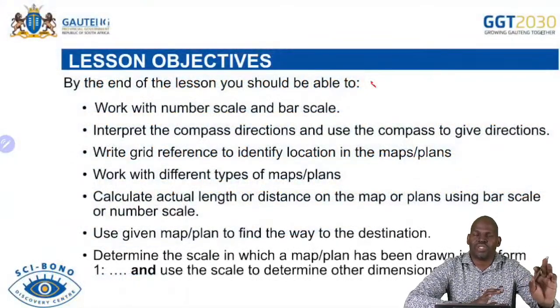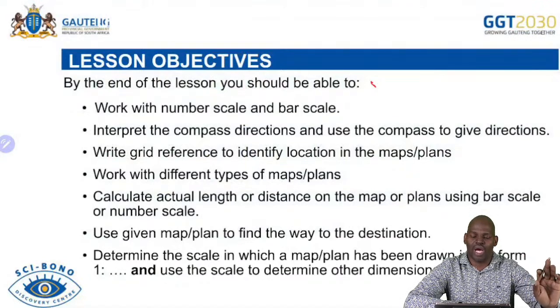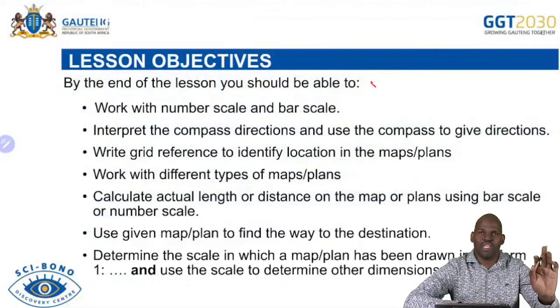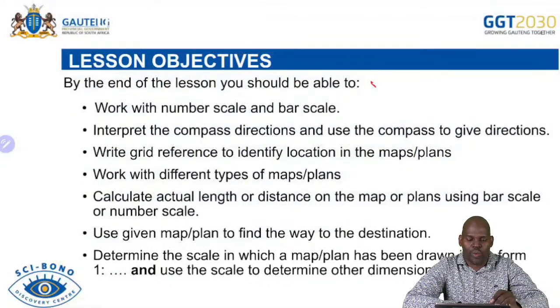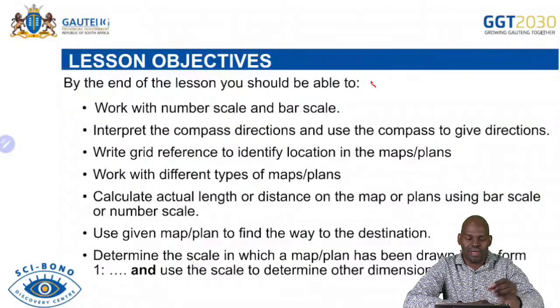Now, what is important in today's lesson is that by the end of this lesson, you must be able to remember the following. I know that your educators have covered everything with you at school level, but we are just going to refresh your memory in terms of what has been covered at school level. You must be able to work with number scale and bar scale, so you must know the difference between number scale and bar scale.